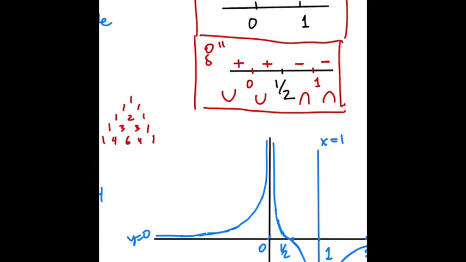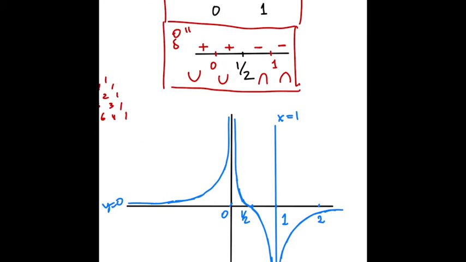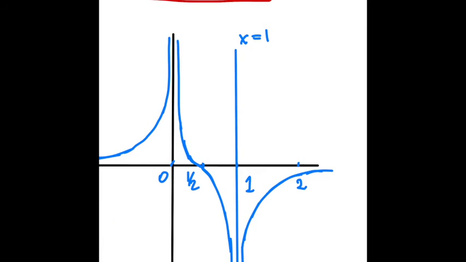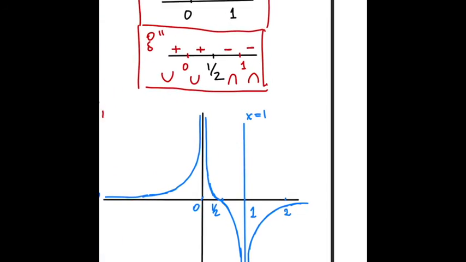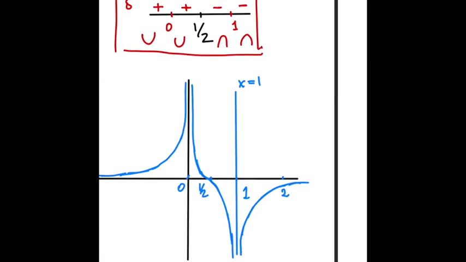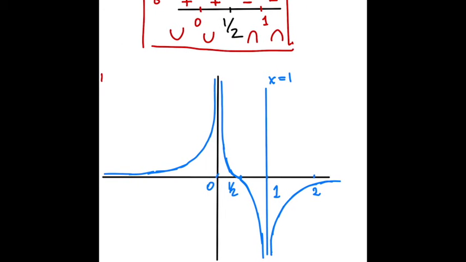Okay, so you need to have upwards like this. So you are getting closer and closer to the asymptote line. Okay, and after 1, it should be increasing, but it should be downwards. So it's increasing but downwards.